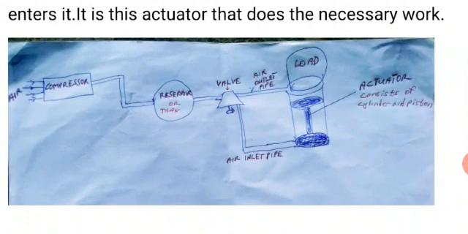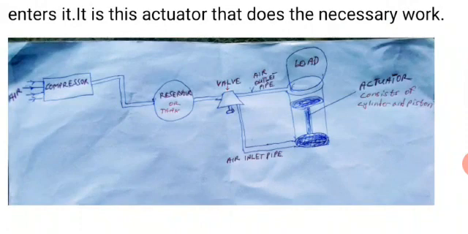It is the cylinder that contains the piston of the actuator, and it is that actuator that does the necessary work we want to use the tool or the machine containing the pneumatic system for. We can see the load put on the cylinder of the actuator for the actuator to lift up.